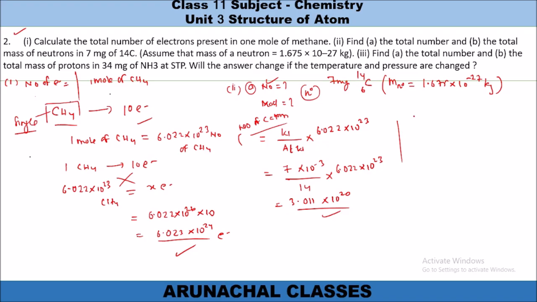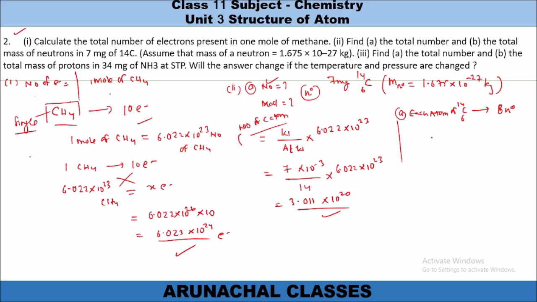Here we have found the number of carbon atoms. Now we can take the first part. Each atom of carbon C 6 14 will be having 8 neutrons.